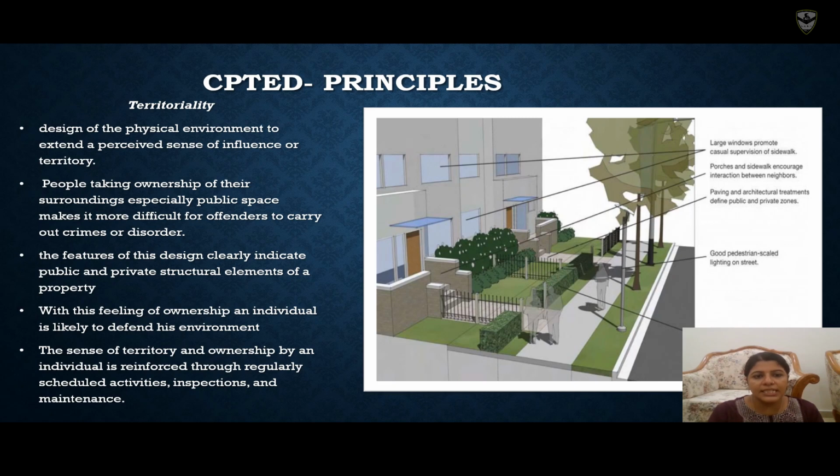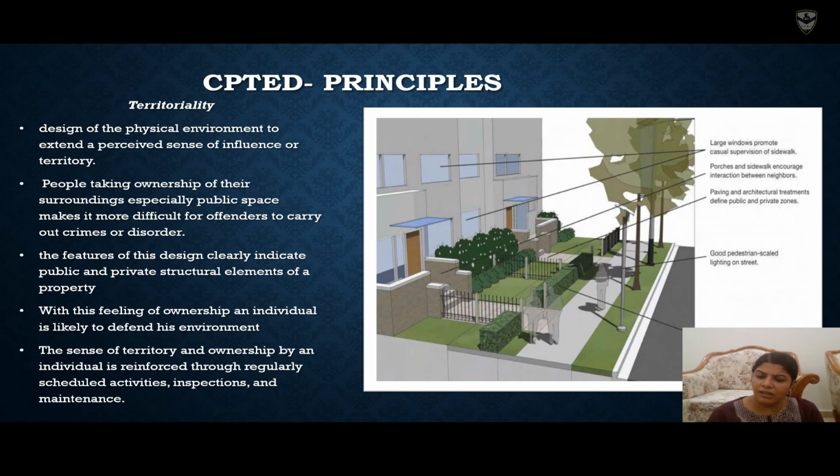Basically, in this particular principle, the design of the physical environment extends a perceived sense of influence or territory. Here, people taking ownership of their surroundings, especially public space, make it more difficult for offenders to carry out crime or disorder.